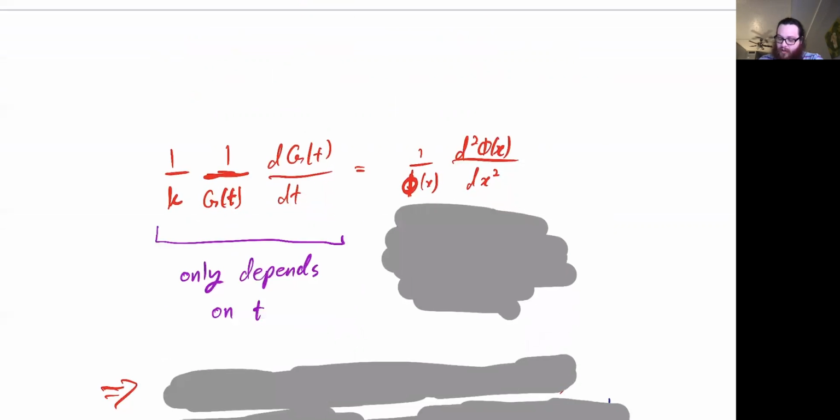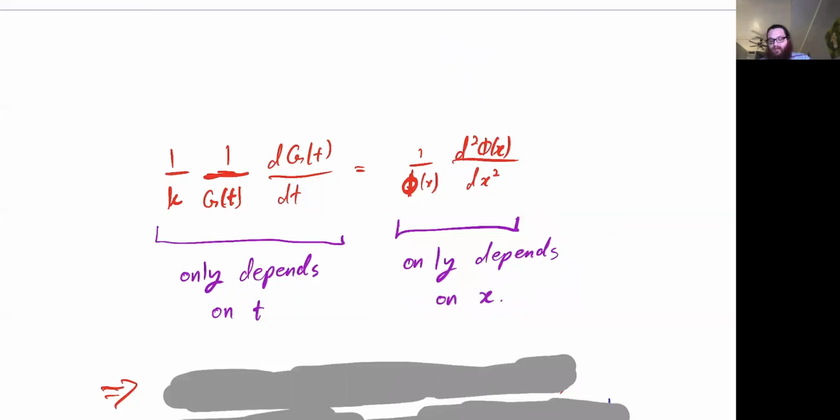Okay. And so the observation is that the left-hand side, all of this only depends on t. So whatever function this is, maybe call it little g, this is just going to be g of t. While on the right-hand side, that only depends on x.